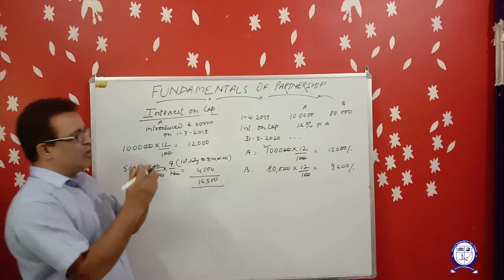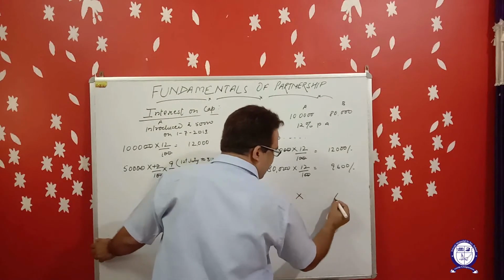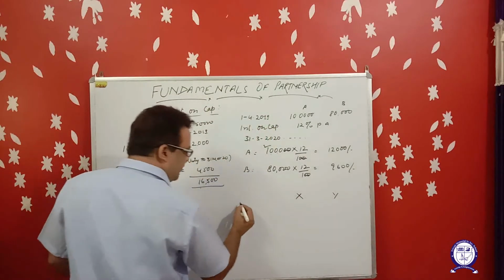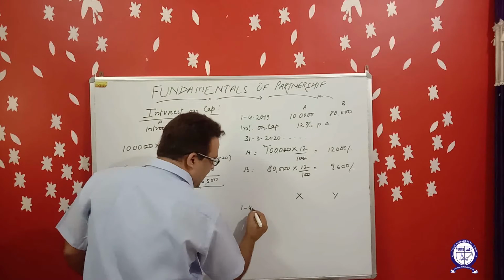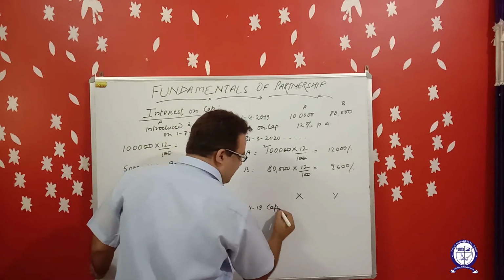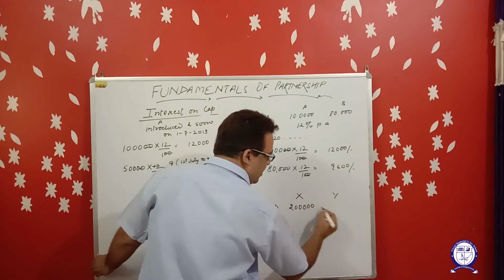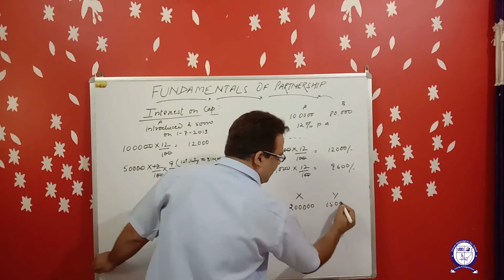Let us take one more example. Suppose X and Y are two partners. On 1st April 2019, their capital balances are given rupees 2 lakh and 1,50,000.